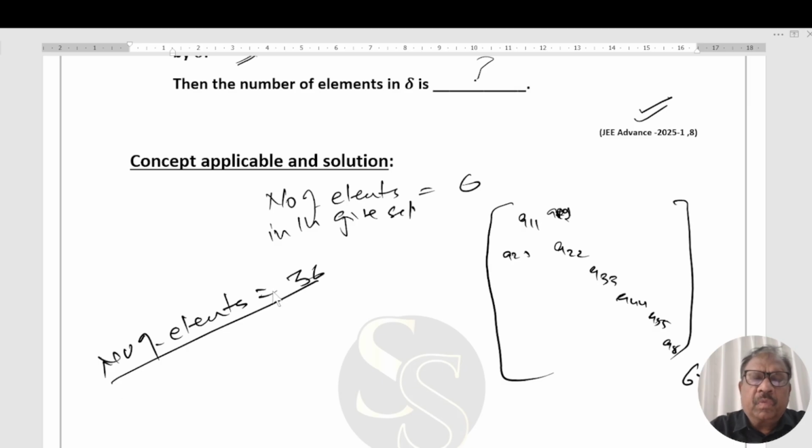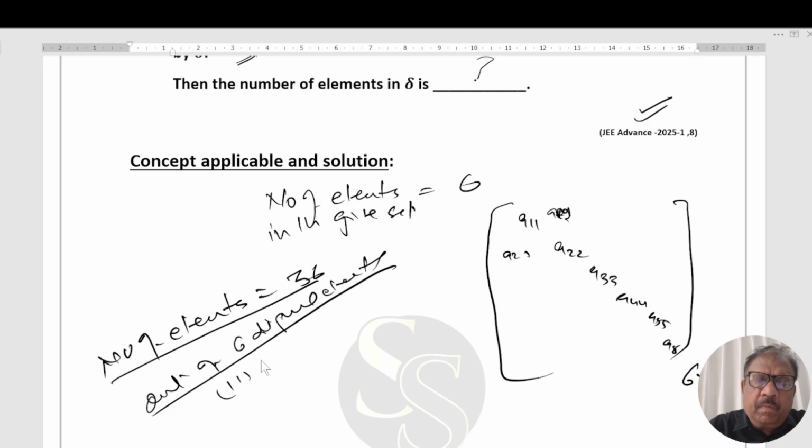Means out of 6 diagonal elements, we form the pairs 1 1, 2 2, 3 3, 4 4, 5 5, 6 6.